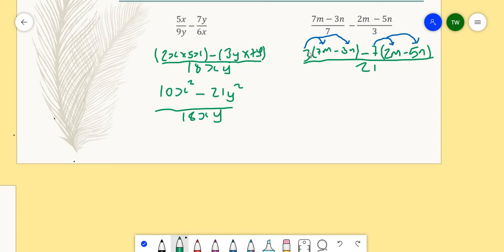So it's going to be 3 times 7m. That's going to give us 21m. Then 3 times minus 3n, that's going to give us -9n. Now remember to treat this 7 as a -7, so it's going to be -7 times a positive 2m, and that's going to give us -14m.